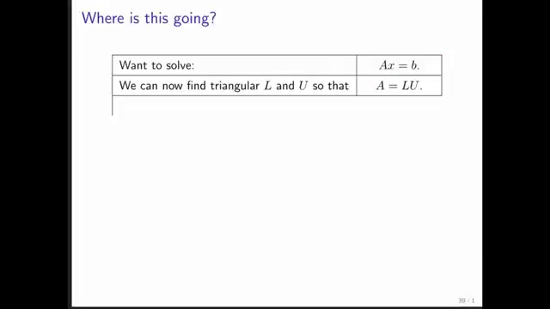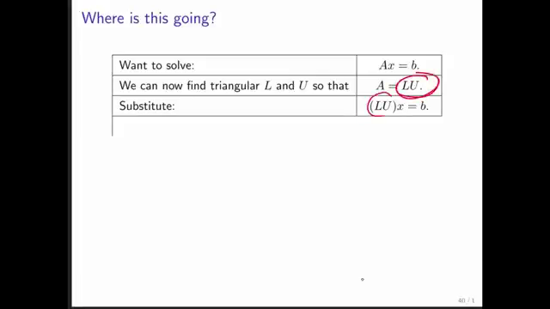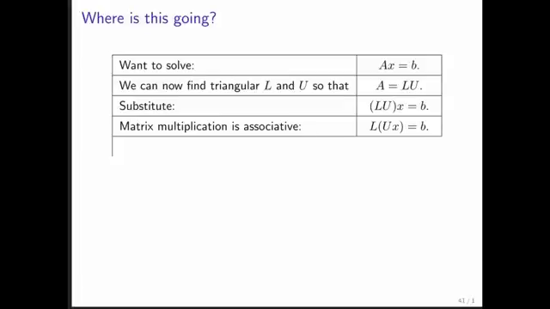So where is this going? Well, we want to solve AX equals B. We now know how to compute lower triangular and upper triangular matrices L and U so that A is equal to L times U. We can take L times U and substitute it in for A in our AX equals B. We can then recognize that matrix-matrix multiplication is associative, so we can write it like that.